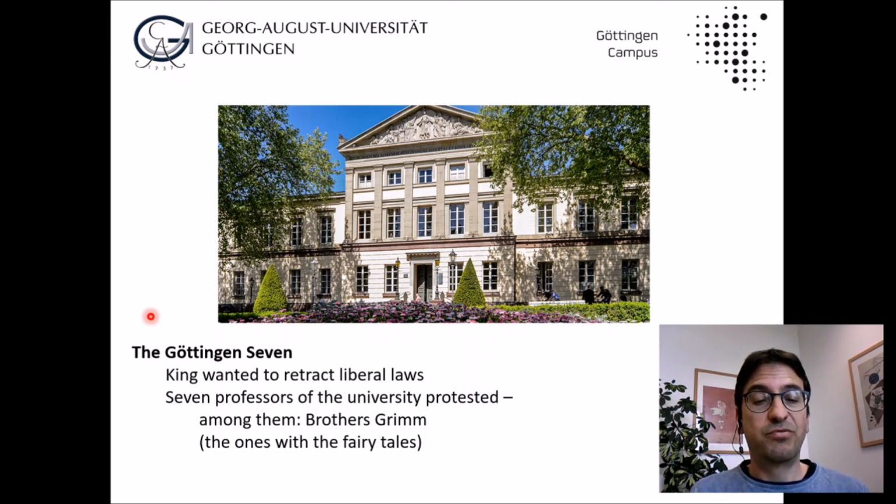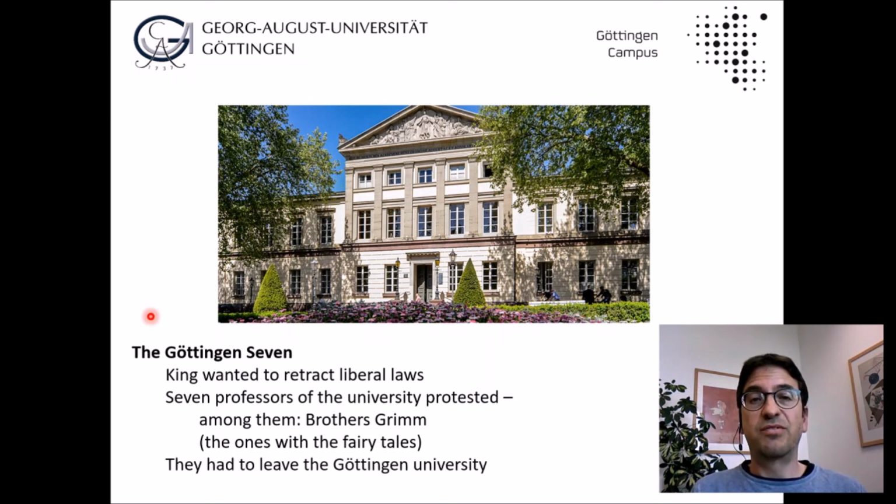Among them were famous people like the Brothers Grimm, you know them from the fairy tales. At the time it was not a good idea to criticize the king, so these 7 professors from Göttingen had to leave the university, and some even had to leave the country. It's really good that we are nowadays living in a country where we can criticize whomever we want.